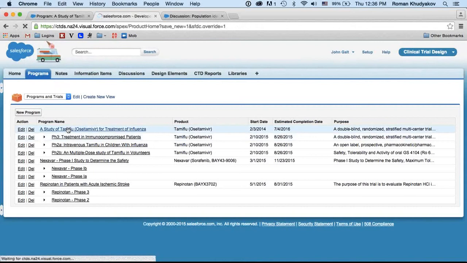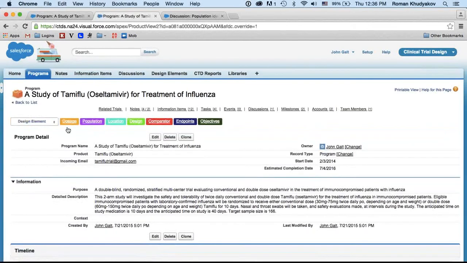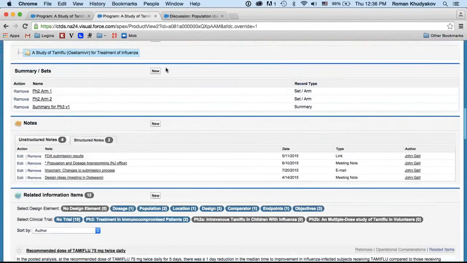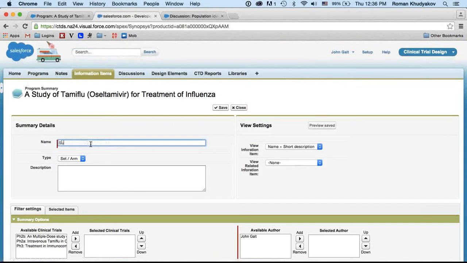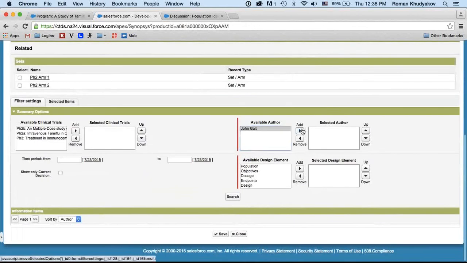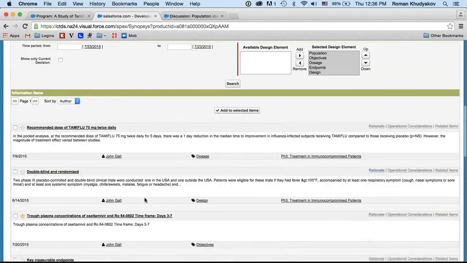This tool also helps you to build different printout forms of a study protocol. And let's say I want to build a study summary for version 2, and it will be a summary. I create the author, so I'm filtering the author and all the categories that we have discussed.